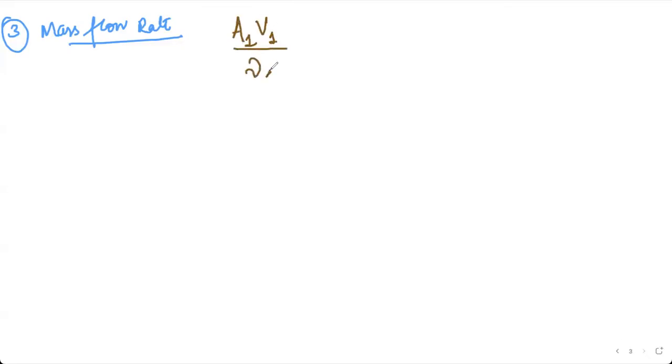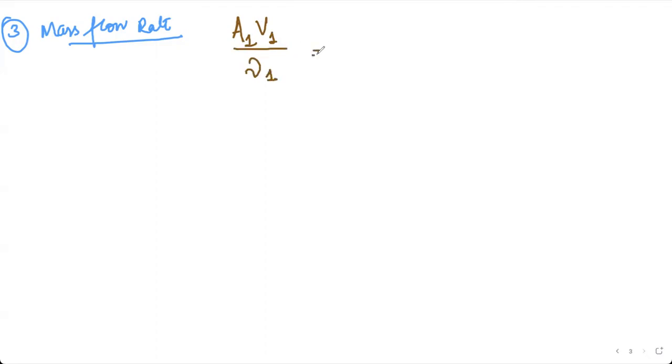The third part which we have to solve here is the mass flow rate. We need to find out the mass flow rate of the steam turbine. The mass flow rate is calculated by the formula A1 V1 divided by the specific volume.